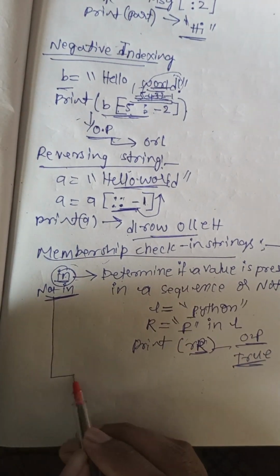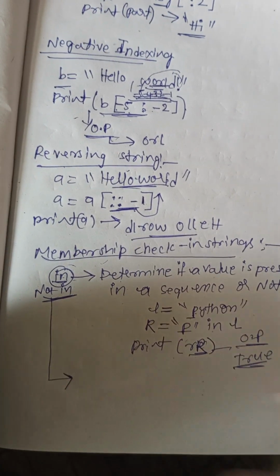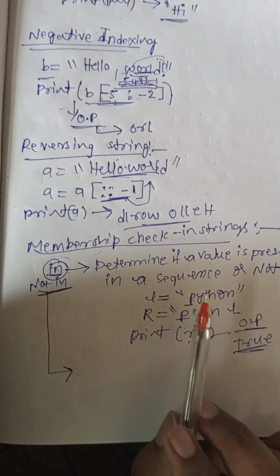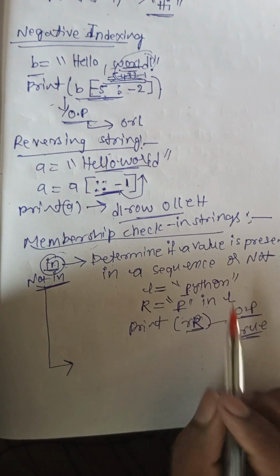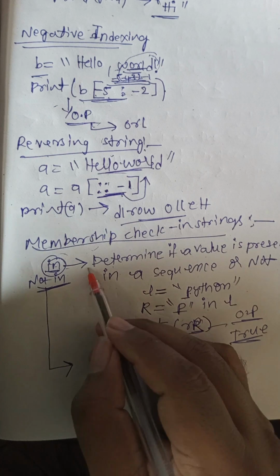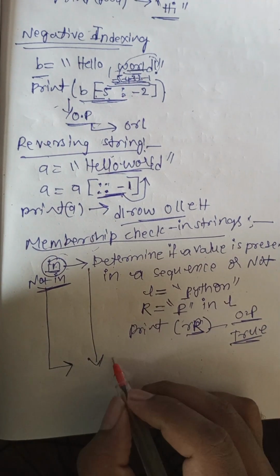Now what is not in? Not in means by using the not in operator, one can determine if a value is not present in the sequence or not. Simple. It is the same, but it is the opposite of in.